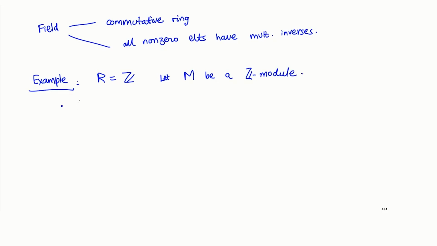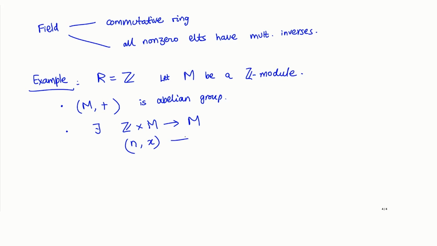So let's try and see what that means. First property, recall, means that M is an abelian group: it's got an addition operation, and with respect to that, it is an abelian group. And the second part of the definition said that there should exist a map from Z cross M to M. This is the scalar multiplication map, if you will, which takes a pair n comma x to what we call n dot x.